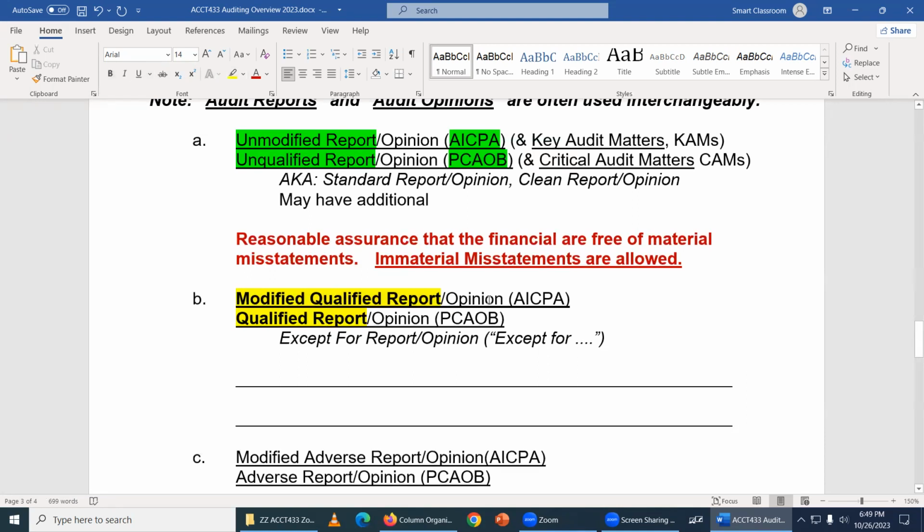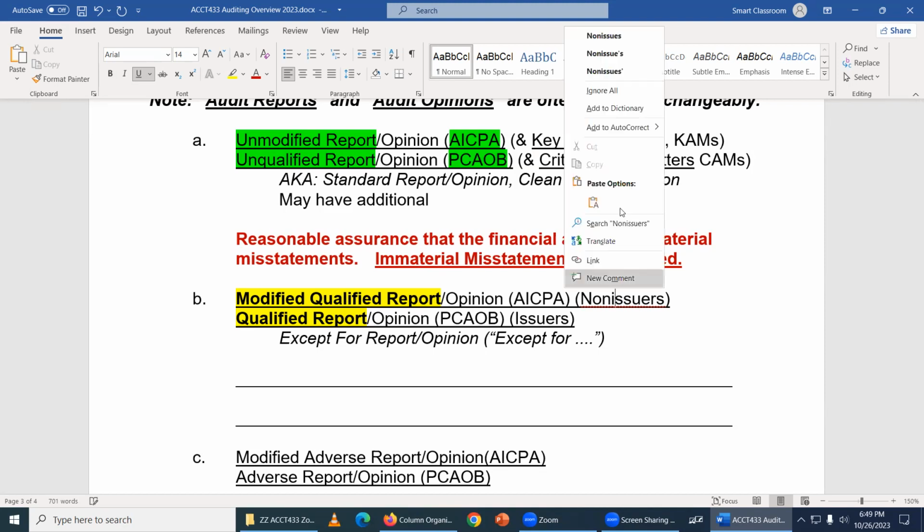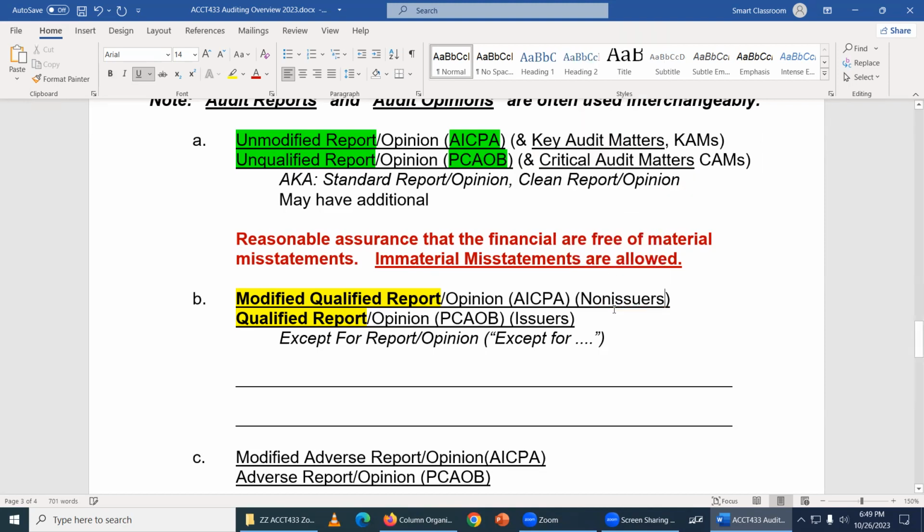The AICPA calls them modified, qualified, and this is for non-issuers. The PCAOB one is for issuers. So, publicly traded versus non-publicly traded. I'm adding that to the dictionary. I don't know if non-issuers really is a word, but I think it is a real word.